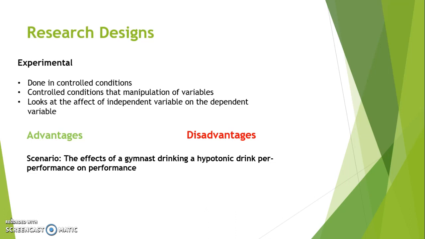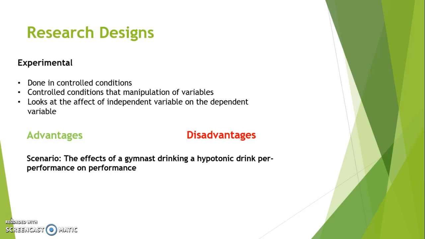Moving on to the disadvantages, because you are creating it, this creates the chance for there to be errors. These could be human or could be systematic, which is also because these errors might creep in due to an inability to control all variables.